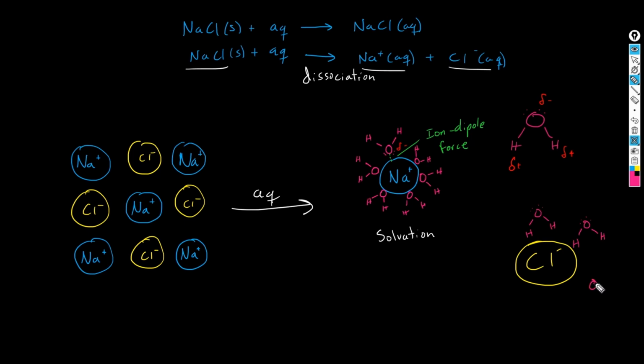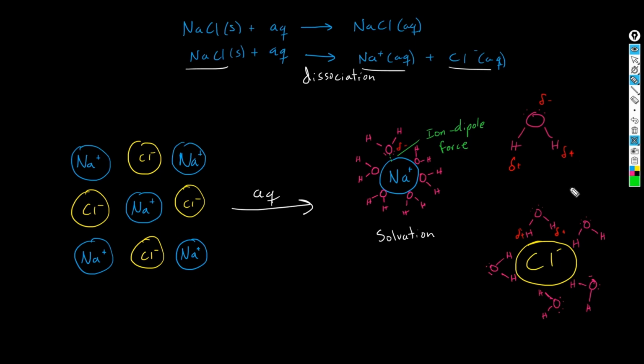So when the water is drawn for the solvation layer of the chloride, we put either like this or like this, the hydrogens from the water facing the chloride ion. And that's because the chloride ion is an anion. It is negatively charged, and the water has a partially positive hydrogen, which is attracted to the negative chloride.